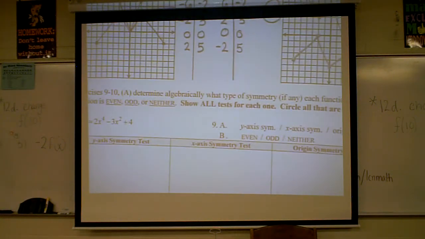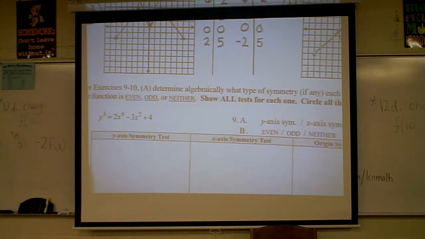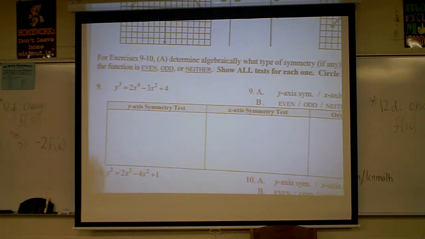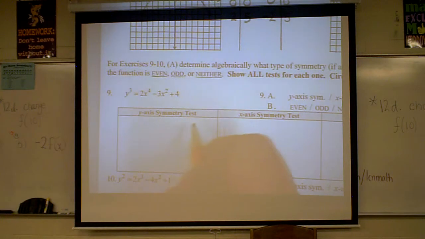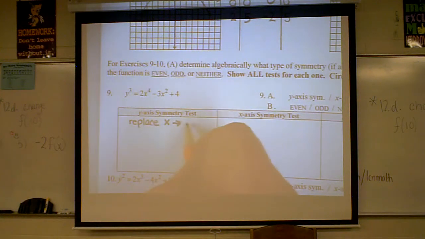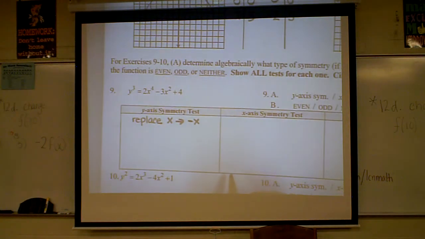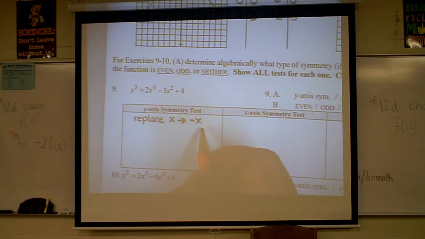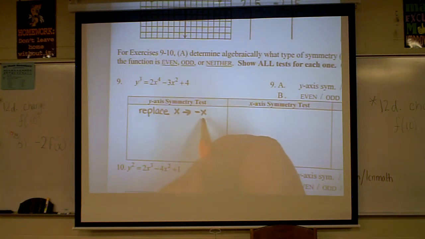Next, how do you test for symmetry? For y-axis symmetry, you're going to replace x with -x in the equation. If you can simplify the problem and get it back to its original, then it has symmetry to the y-axis.